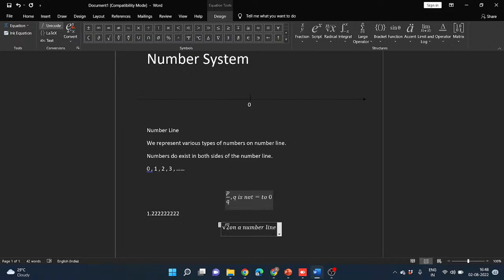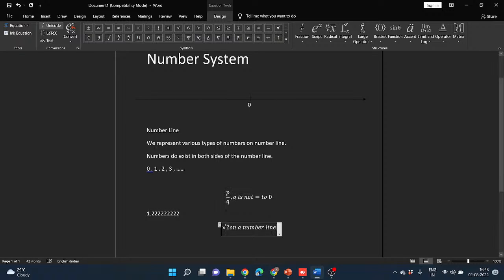If we want to represent root 2 on a number line, what we need to do is consider a square with each side 1 unit in length on a number line.